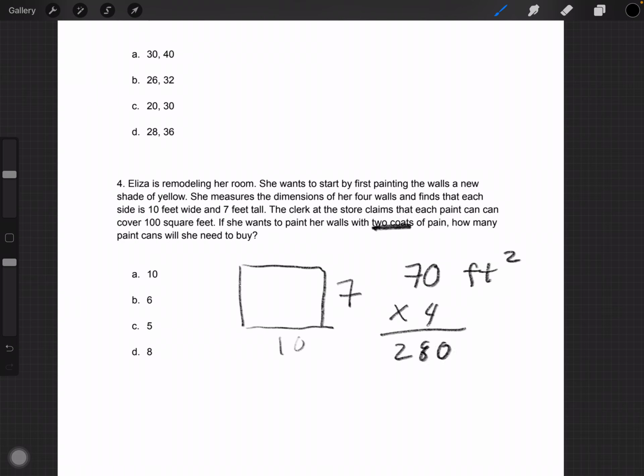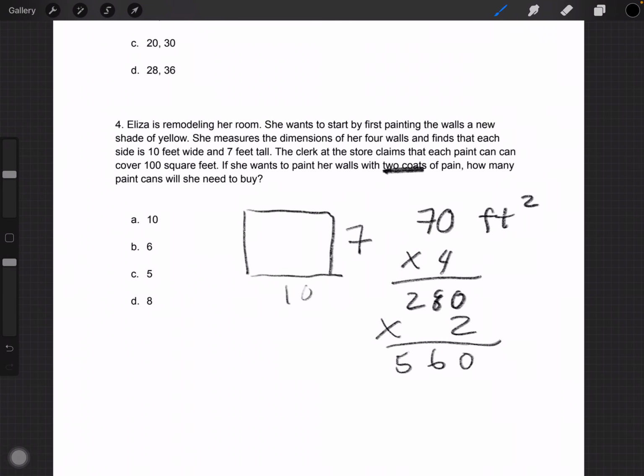Right, so how many paint cans? 280 is to cover 1 coat of all her walls, and you can multiply by 2 again, and you get 560. So 560, and each can covers 100, so you want to do 560 divided by 100, which is what you do normally, but you also need to remember that you need to round up.